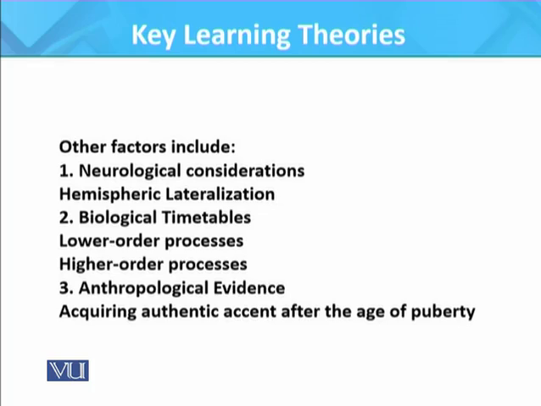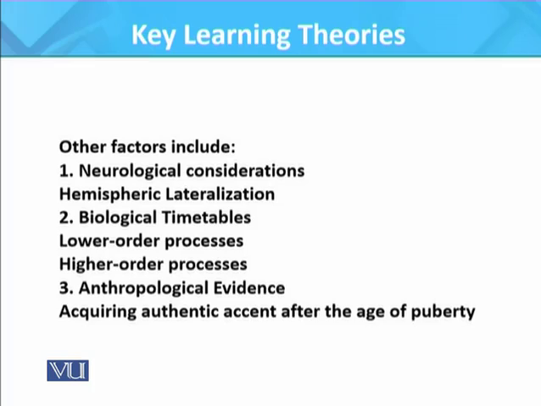The other factors include neurological consideration, hemispheric lateralization under neurological consideration, then the biological timetable, which involves lower order processes and higher order processes, and the third one is anthropological evidence. Anthropological evidence states that people have the capacity of acquiring an authentic accent even after the age of puberty.